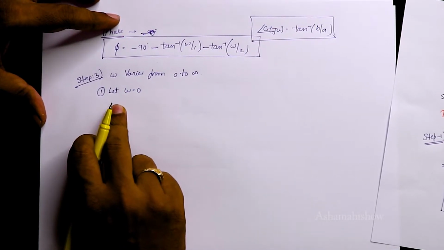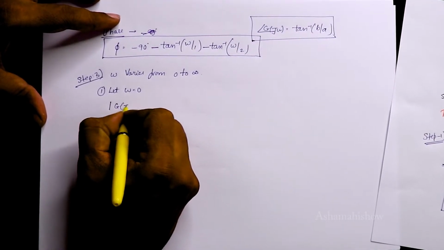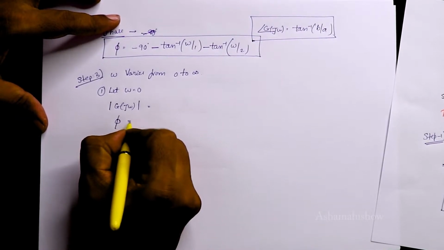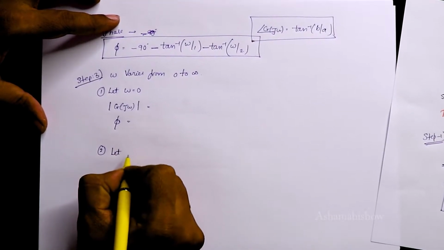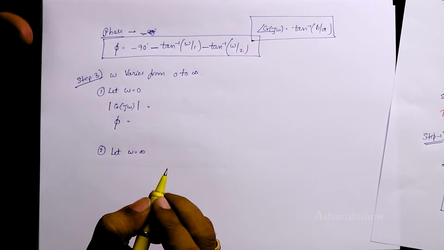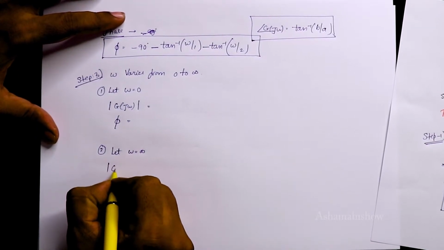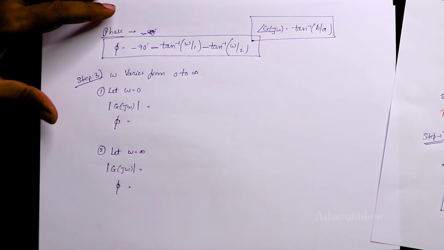We have to find the magnitude for this and the phase also, with the formula given. Now take another value, directly infinity, because your omega varies from 0 to infinity. So for infinity also you need to find the magnitude and the phase.